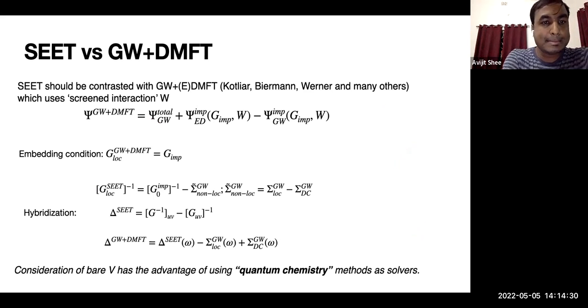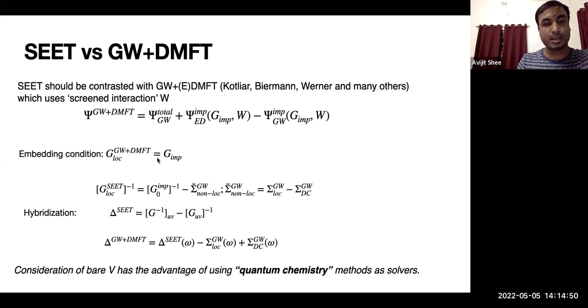And then, in this slide, I just want to mention some differences of the self-energy embedding theory in comparison to some, let's say, rival theories like GW plus DMFT.